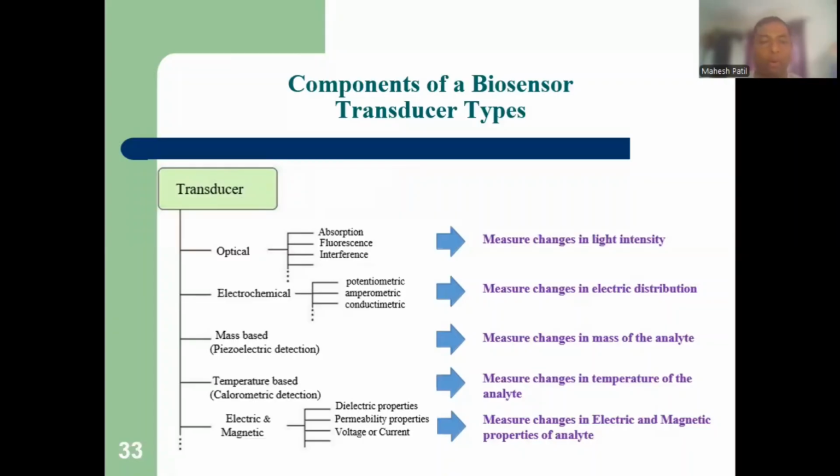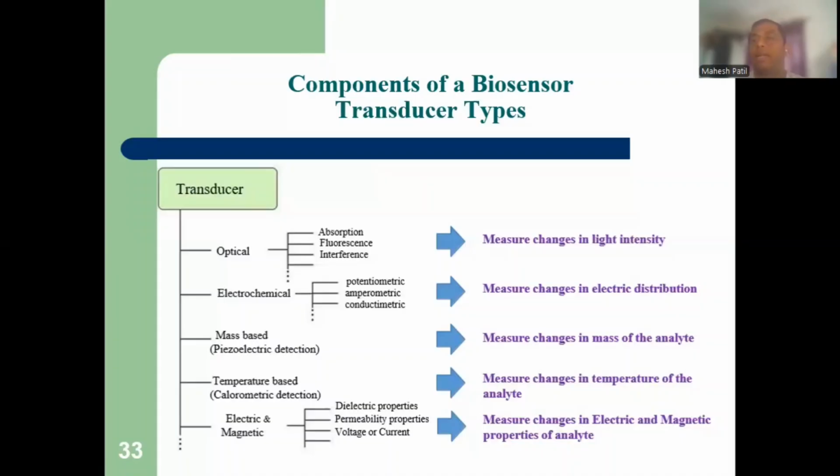Here we may have an electrochemical signal. We have potentiometric, amperometric, conductometric, depending on whether voltage or current is developed at the electrodes. The electric distribution is used as a measurement tool here. Now we have mass based, that is piezoelectric detection based transducers.